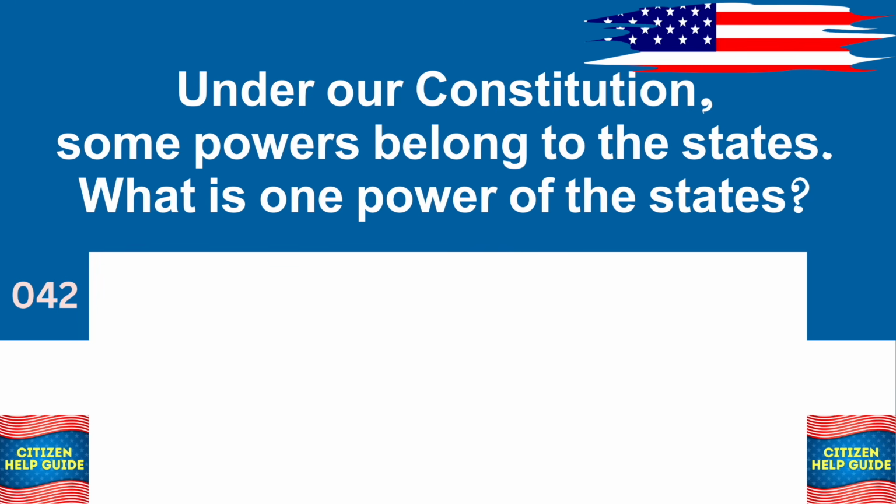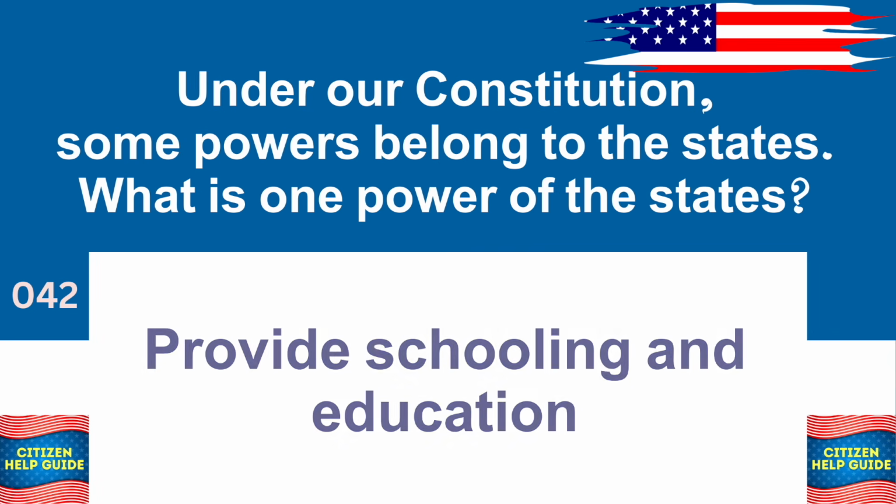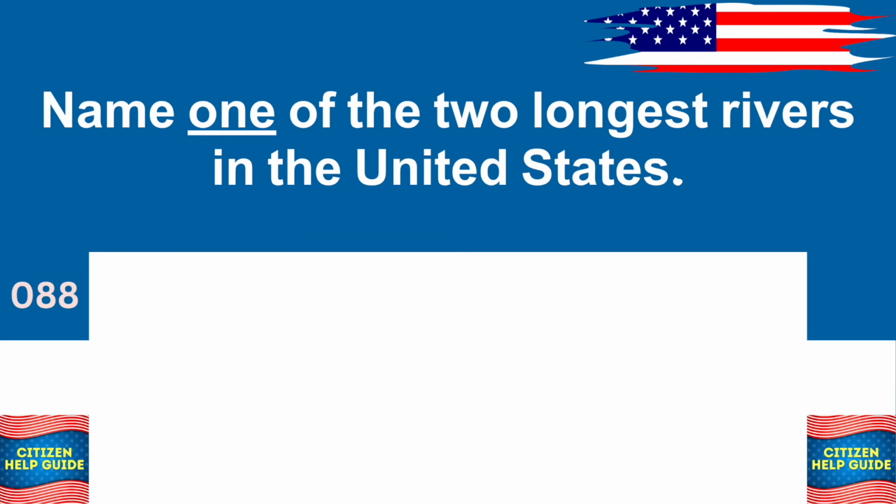Under our Constitution, some powers belong to the states. What is one power of the states? Provide schooling and education. Name one of the two longest rivers in the United States.